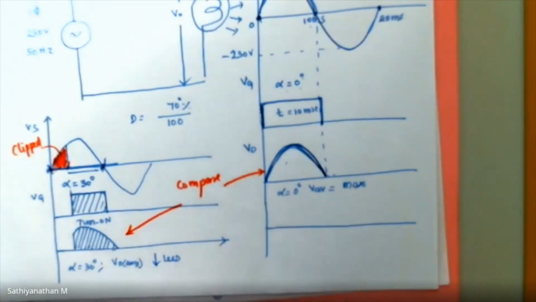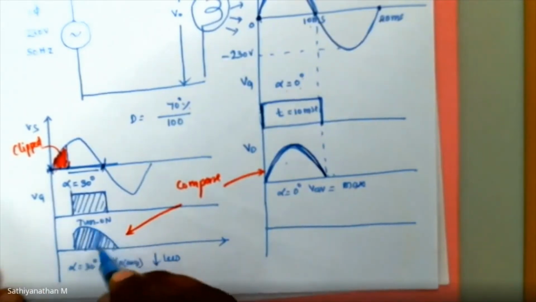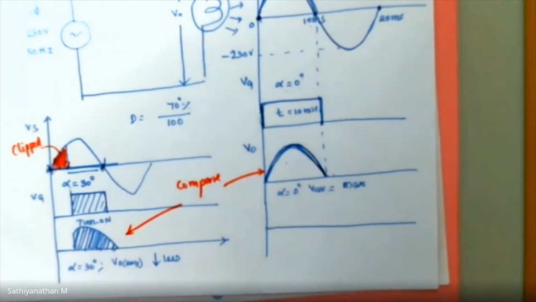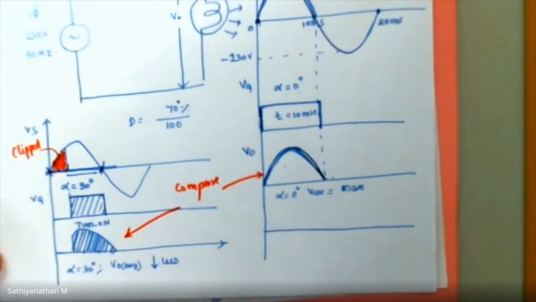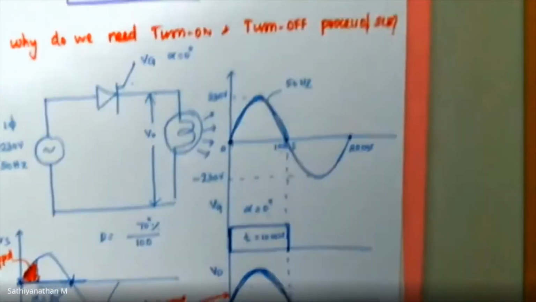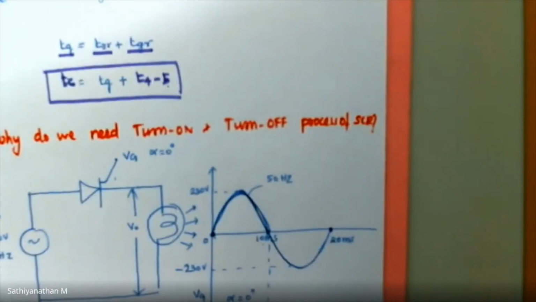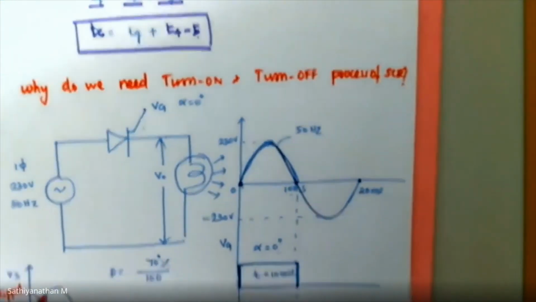That means 7 milliseconds is in an active state. Remaining 30% it is off. By simply changing the on and off time of this device, you can alter the output voltage magnitude. You can get the required output voltage magnitude. That is the beauty of changing the turn on and turn off time period.